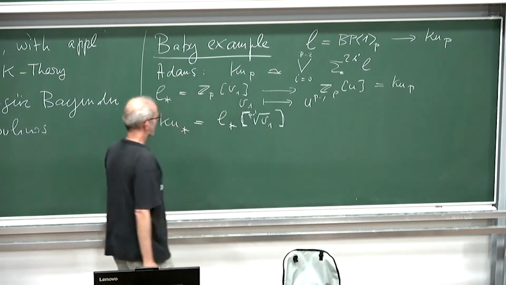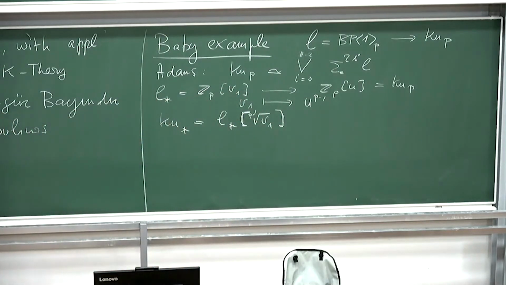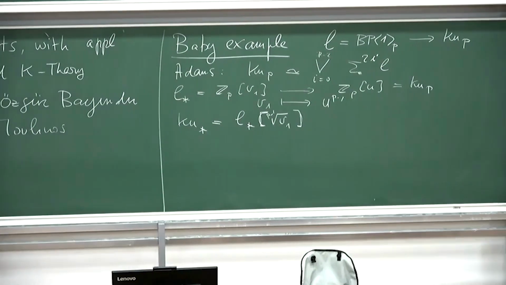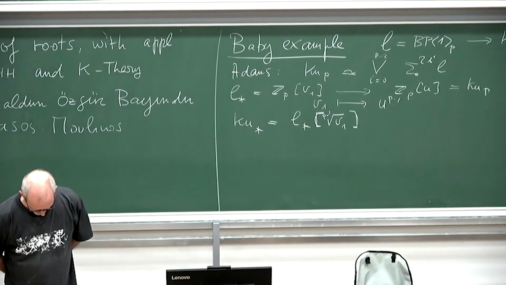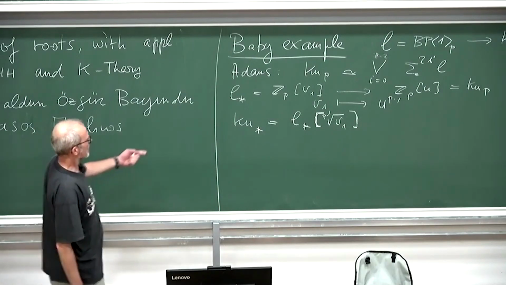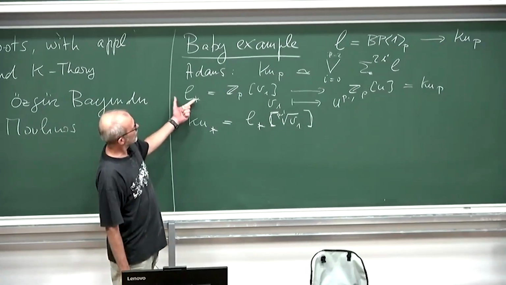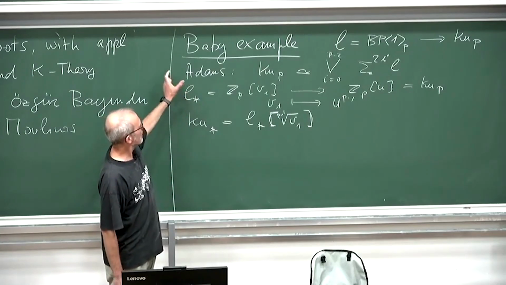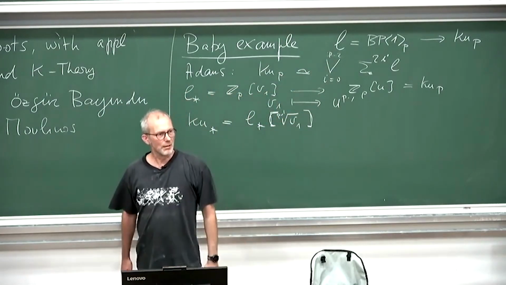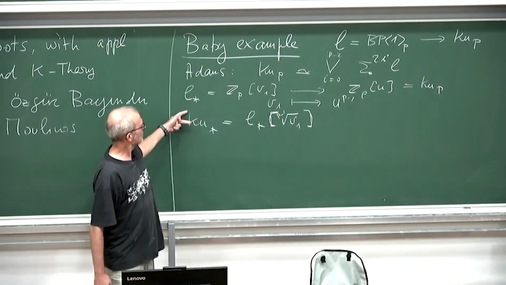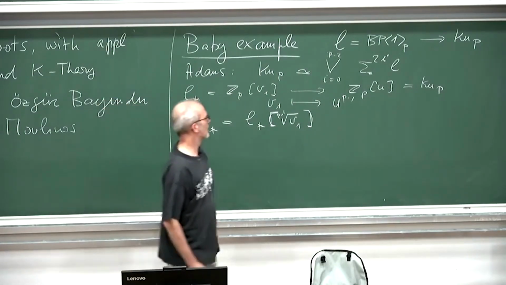Okay. So does this hold at the level of ring spectra in a sensible way? And if it does, can we then deduce, let's say that we have computed THH, TC, K-theory of L, can we then deduce it for KU using such a relation?